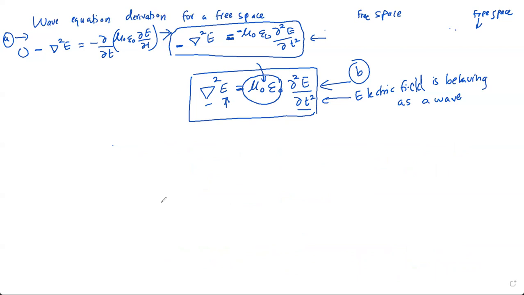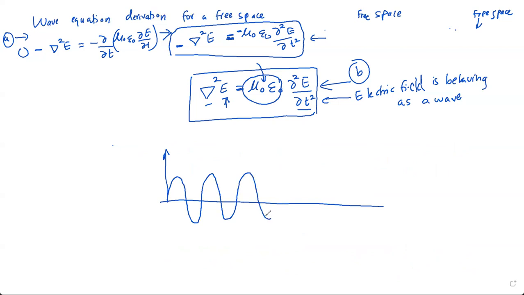So the behavior of the electric field and magnetic field: let's say first the electric field will behave as a wave in a certain medium, right? Depending on the medium, the amplitude of the electric field wave will differ. If we take this as a free space and lossless medium, then we can take the amplitude of the wave as not varying with time, right?